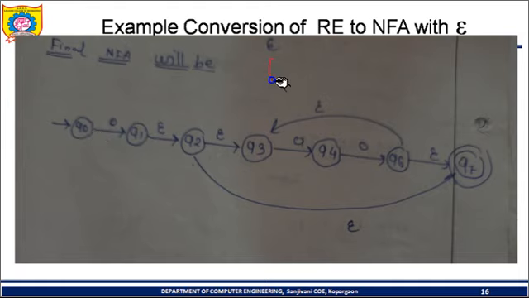Because there is a concatenation operator, after R1 comes epsilon, and now (00)star. This part is repeated for (00)star, and after that from the initial to the final state there is a path, Q0 to Q7. This is nothing but the final NFA for the given regular expression.